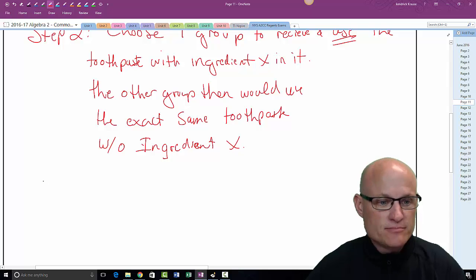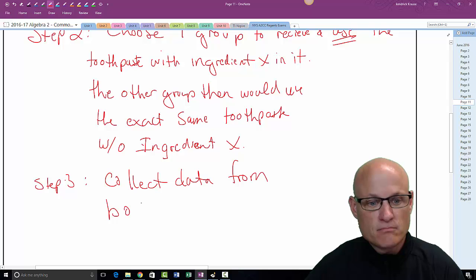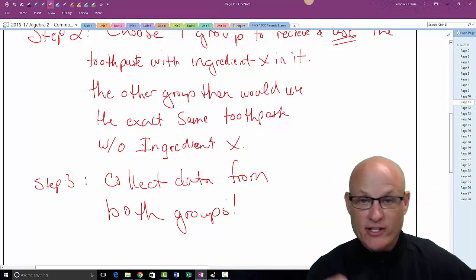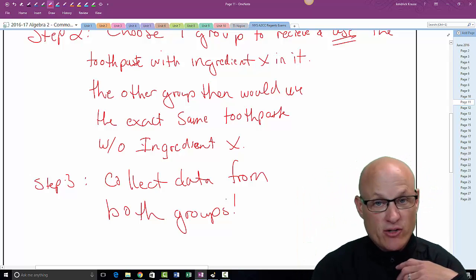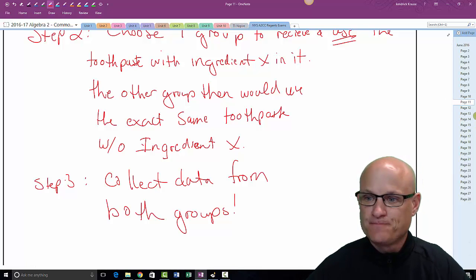And then, step 3, collect data from both groups. Now, what you do with that data, I don't know, but that's all you needed. You need to know that you're going to randomize it and then choose one group to use the ingredient, one group not to use the ingredient. That gave you 2 points. That's all there is to it.